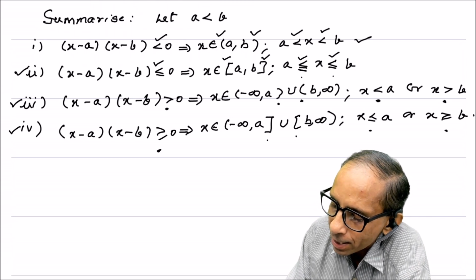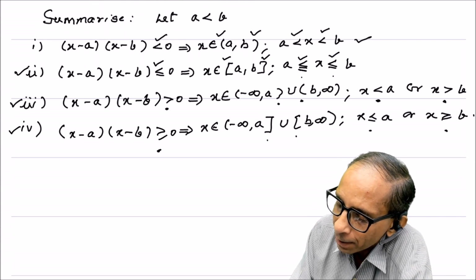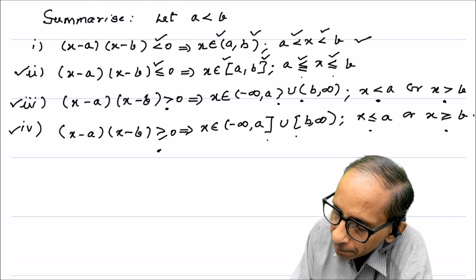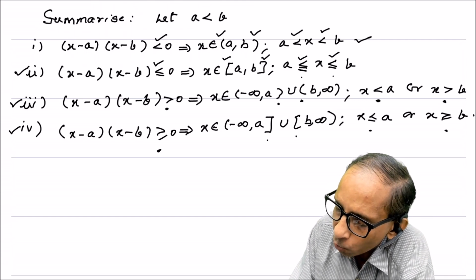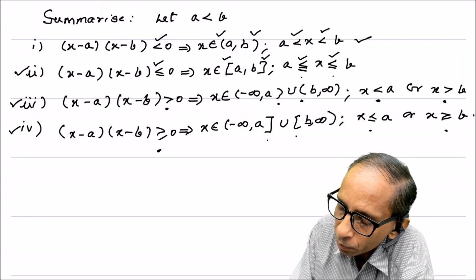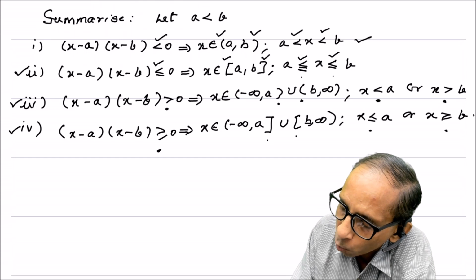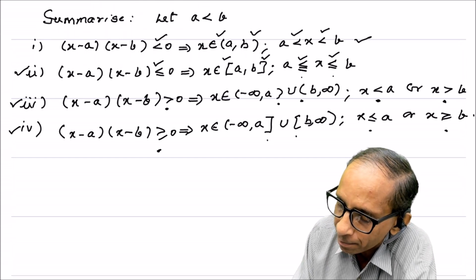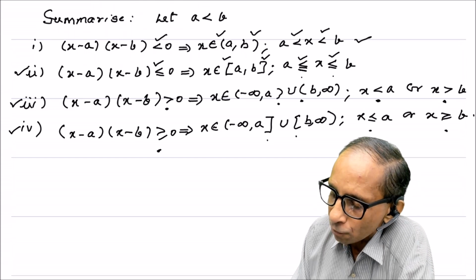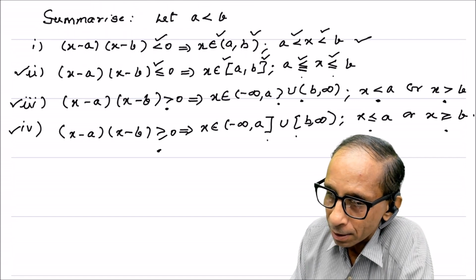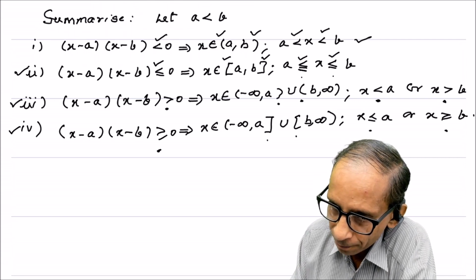So if it is less than or greater than, the brackets will be strictly open. If it is less than or equal to or greater than or equal to, then the brackets will be closed at the points A and B. That is what we notice on a comparison of all the four things.